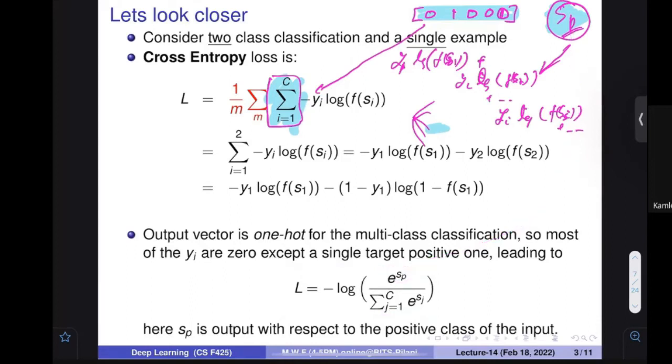Any problem in this? How will the equation simplify if there are 3 classes? Okay, as I told you, I think we have not discussed this in this particular class. So 3 classes can be thought of as one versus all. In all the cases, you can think in that particular way.